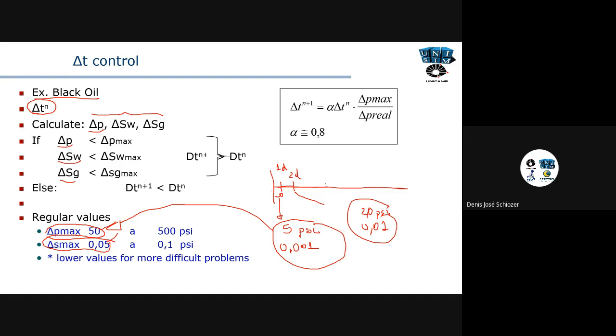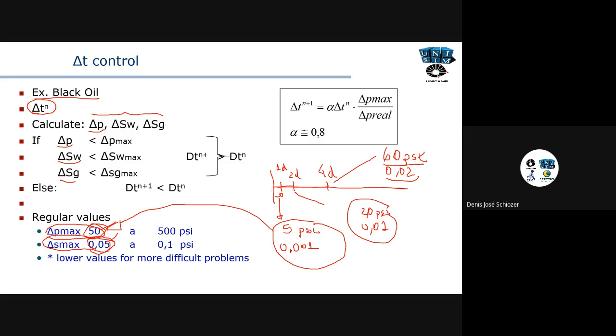So let's assume I'm going to go now for 4 days. And let's assume that for 4 days, I have 60 psi of pressure and 0.02 of saturation. The saturation is okay because it's smaller than the maximum, but 60 is higher than 50. That's the maximum pressure the user accepts.